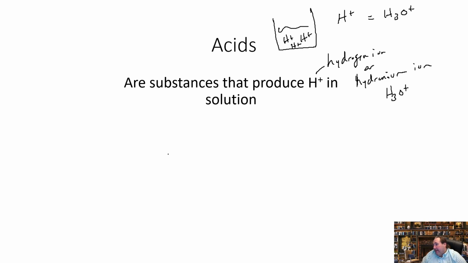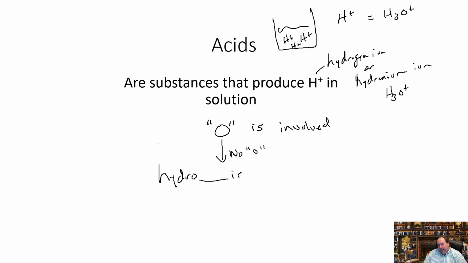So how do we name acids? Well, frankly, we name acids by whether or not oxygen is involved. So if the answer is there is no oxygen in your acid, the acid will start with hydro, something ic acid.